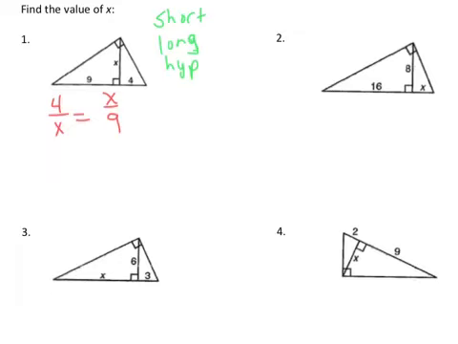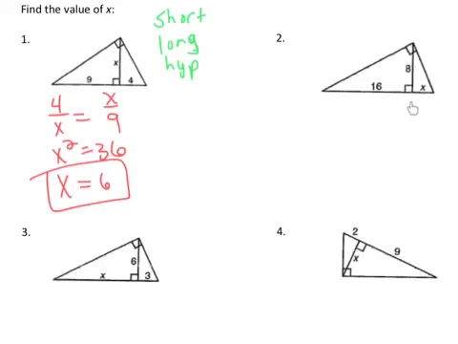And that gives me my ratio of 4 over x equals x over 9. And then you cross multiply. x squared equals 36. Since we're dealing with side lengths, we can take the square root, and you have an answer of 6.